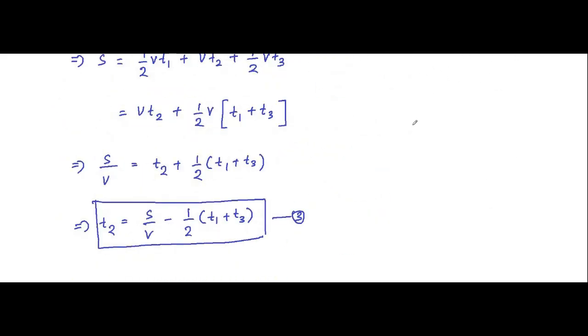Now we know that the total time T total is equal to T1 plus T2 plus T3. We'll write T1 as it is, T3 as it is, and in place of T2 we will write this value, which is already in terms of T1 and T3, S by V minus 1/2 into T1 plus T3.